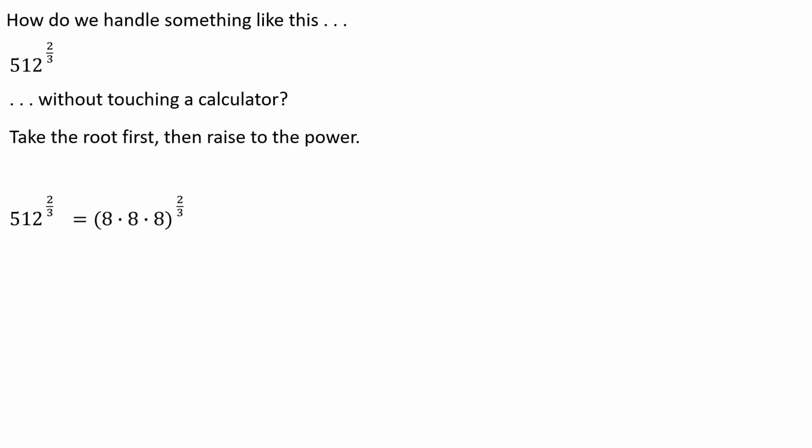So if I tried like 7 times 7 times 7, 343 would have been too small. If I tried 9 times 9 times 9, 729 would have been too large, right? So I can take the cube root, and that will leave me with an 8, right? So the cube root of 512 is plain old 8.